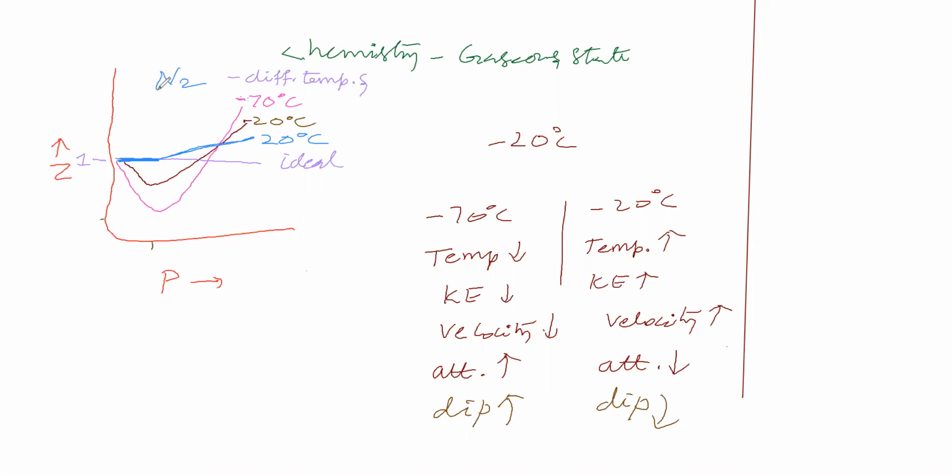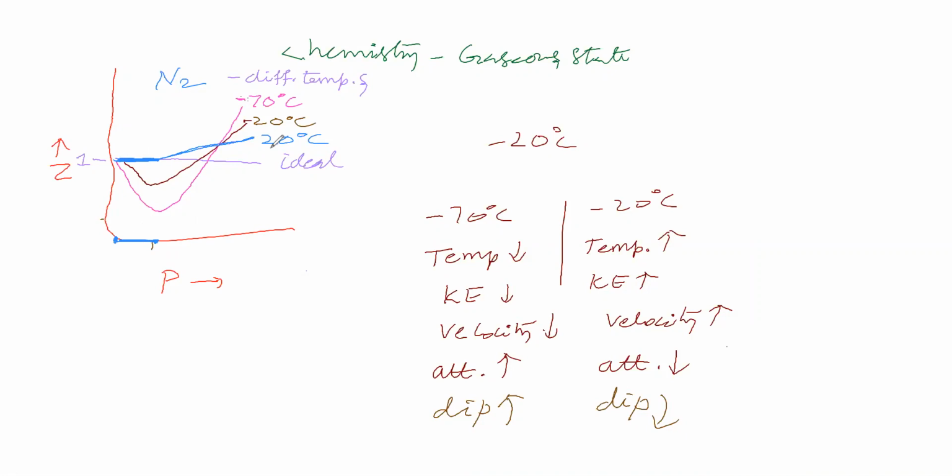Now see, from this point to this point. At 20 degrees Celsius, from this point to this point, see how the Z value is, when the pressure range is this much. See the Z value at a given temperature.